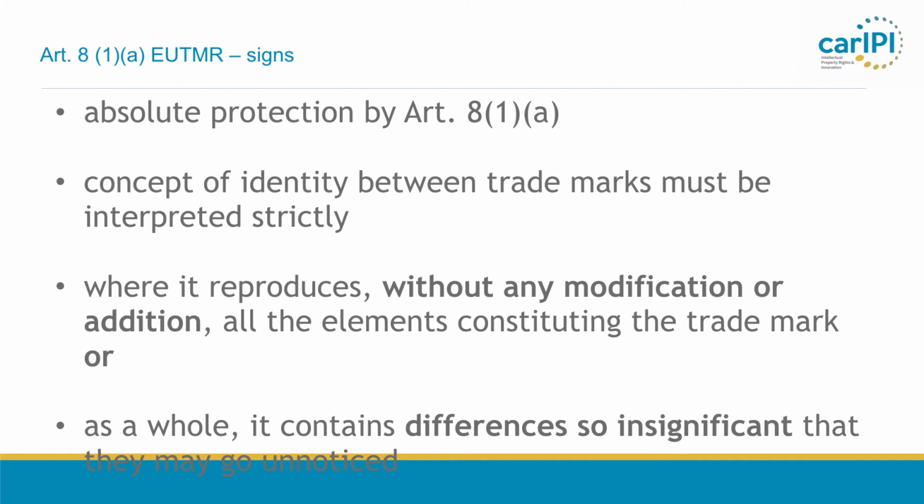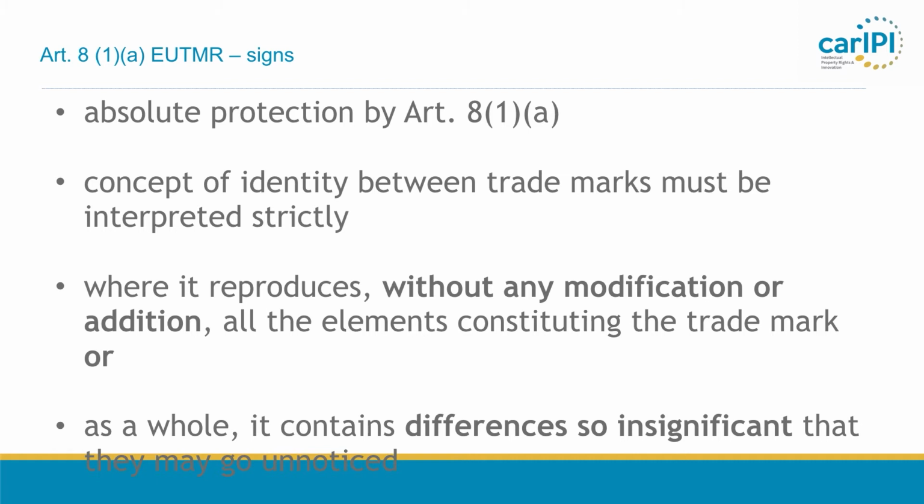So the other option is that as a whole, there are differences, but they are so insignificant that they may go unnoticed. And of course, insignificant differences, this is not a very objective concept. And also it should be applied carefully because of the consequences.